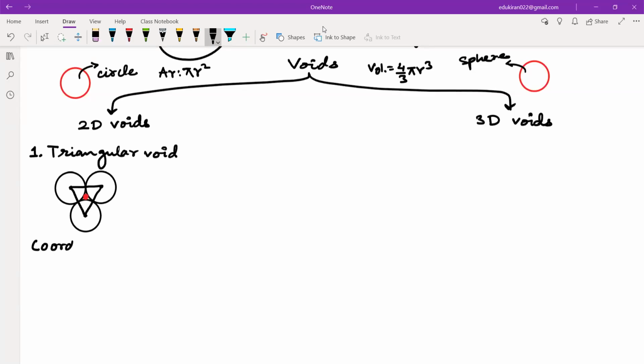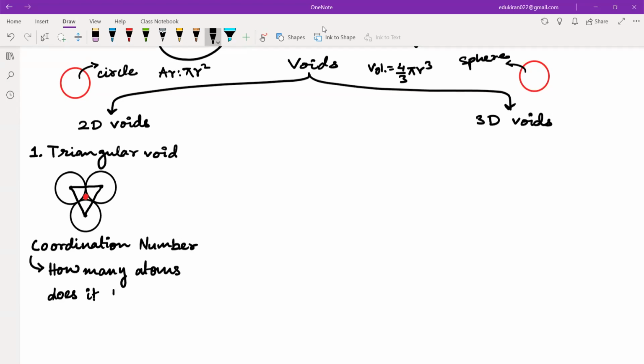Coordination number. So let me tell you, in general, whenever you hear this word coordination number, you should ask yourself: how many atoms does it touch?